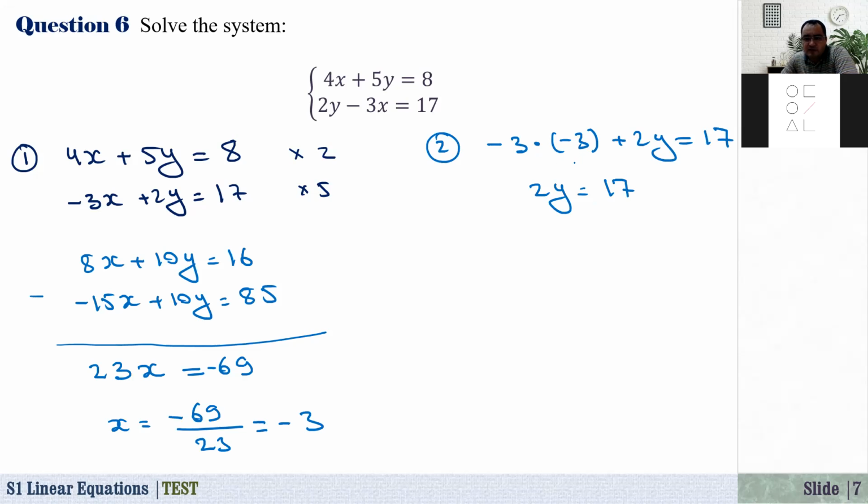Negative 3 times negative 3 is 9. Take it to the right-hand side: 17 minus 9 is equal to 8. So y is equal to 8 over 2, which is 4. The solution of this system is x equals negative 3 and y equals 4.